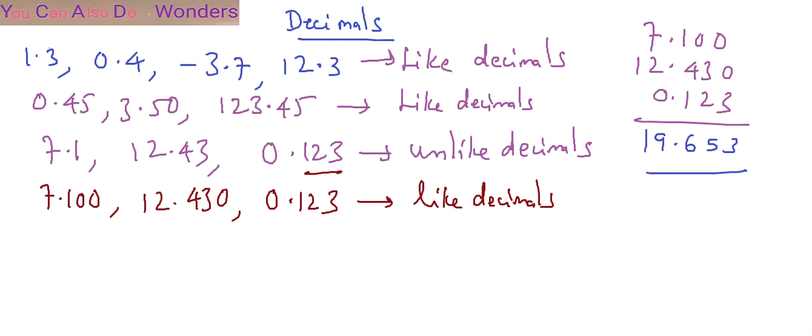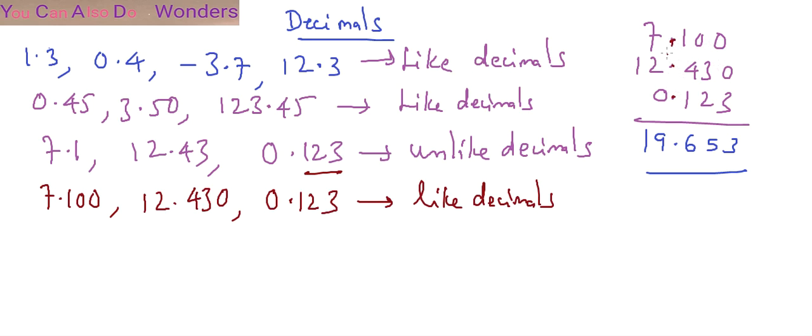So when you want to add or subtract decimal numbers, you convert to like decimals and match the decimal points, so they are aligned along the same vertical line.